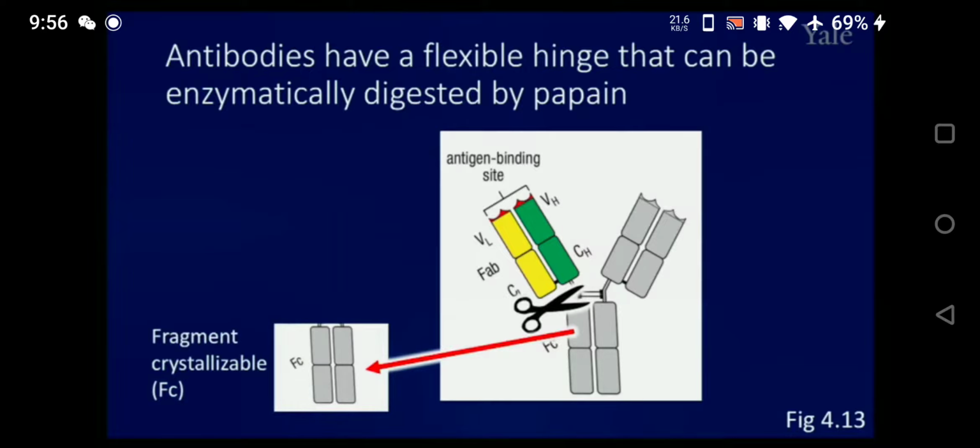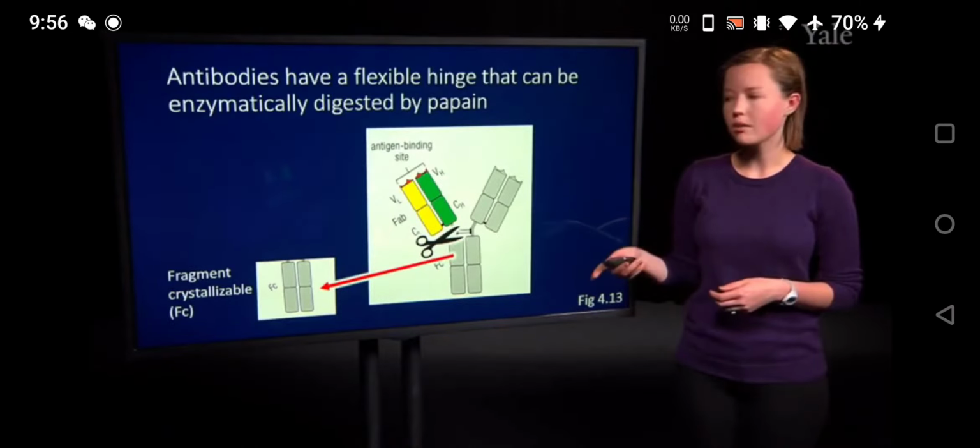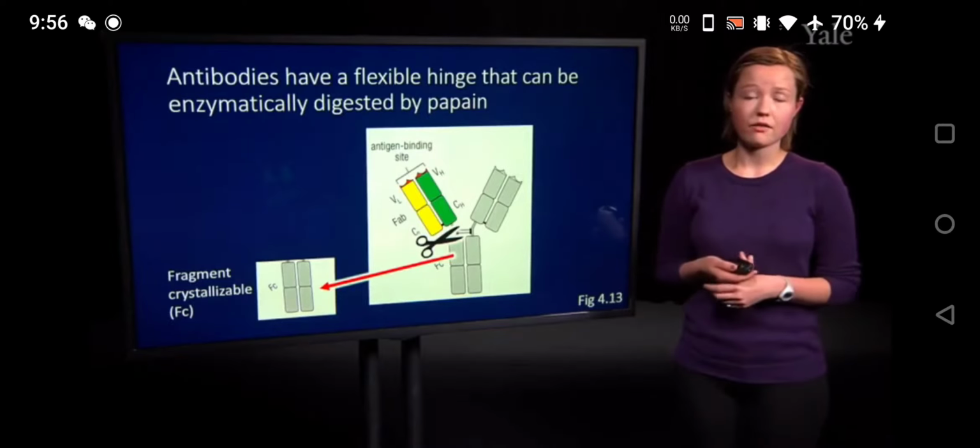This was just because it was easy to crystallize in biochemical experiments, but it's important terminology to know because immunologists will often refer to the FC region on antibodies. So when you hear FC region or fragment crystallizable, we're talking about this constant region that can actually mediate effector functions during an immune response.